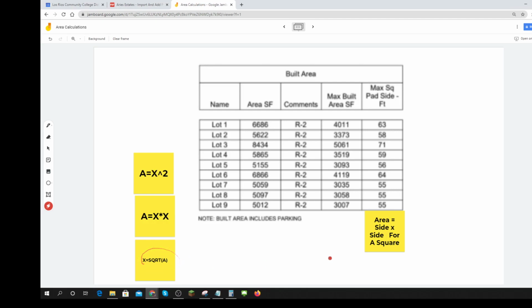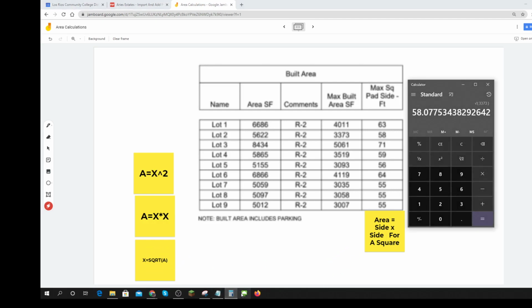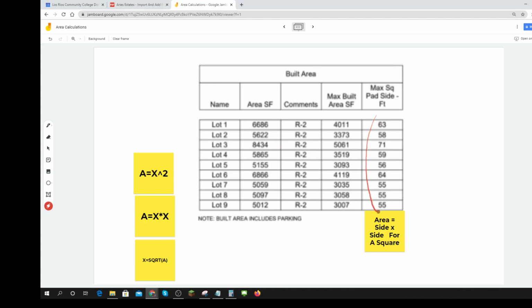X equals square root of A. If I want to find out what goes here, it's the square root of this. 3035 square root 55. Okay, so that's how I find this column right here. And it's all tying together.